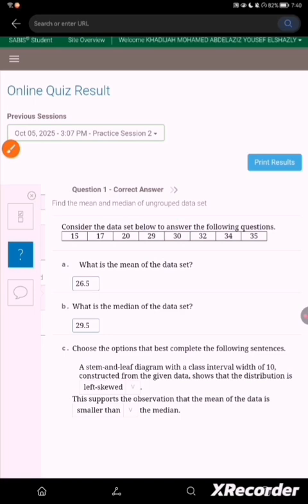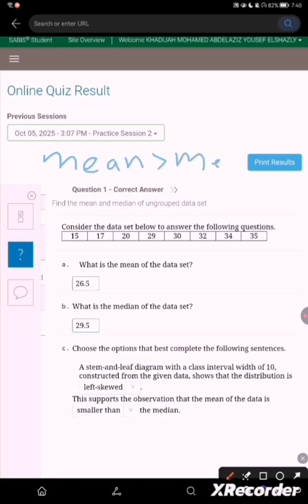Now, something you always have to know is that if your mean is greater than your median, just memorize that, okay? It's right skewed. But if it's vice versa, so if your median is greater than your mean, it's left skewed.